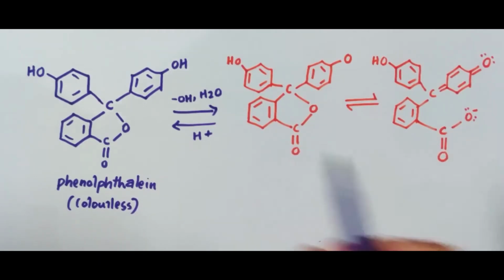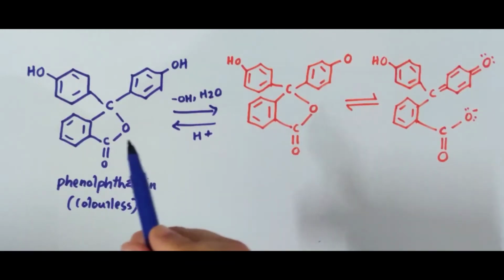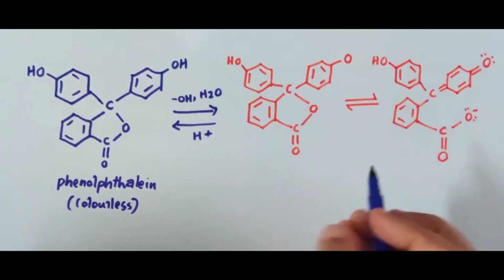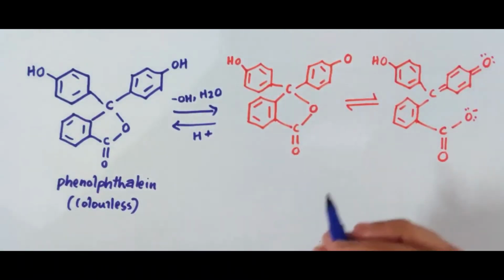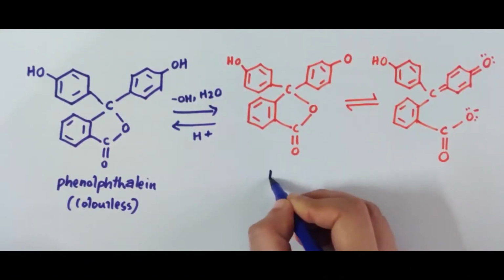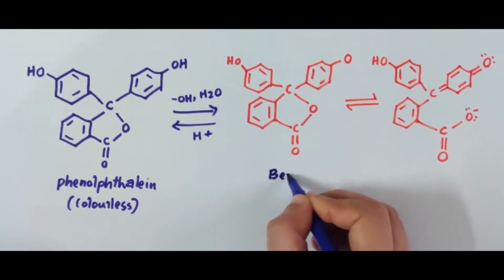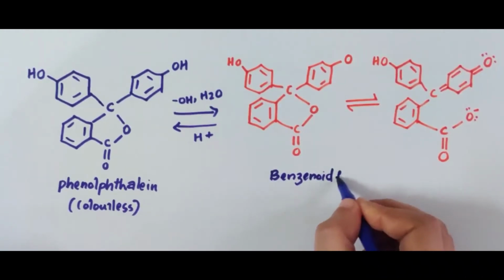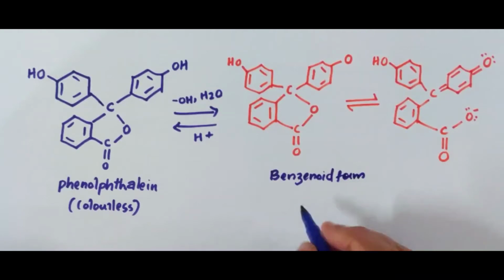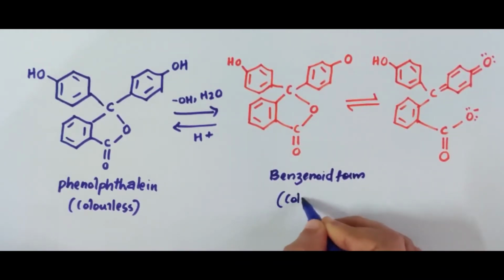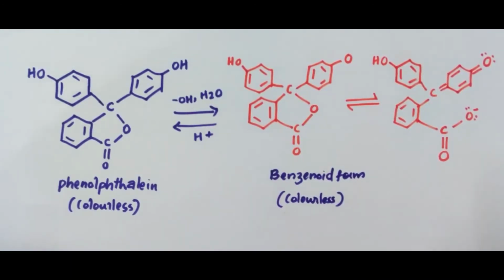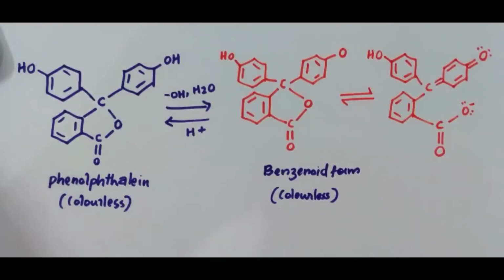Normally phenolphthalein is colorless, in its benzenoid form. Below pH 8, it exists in the colorless benzenoid form.